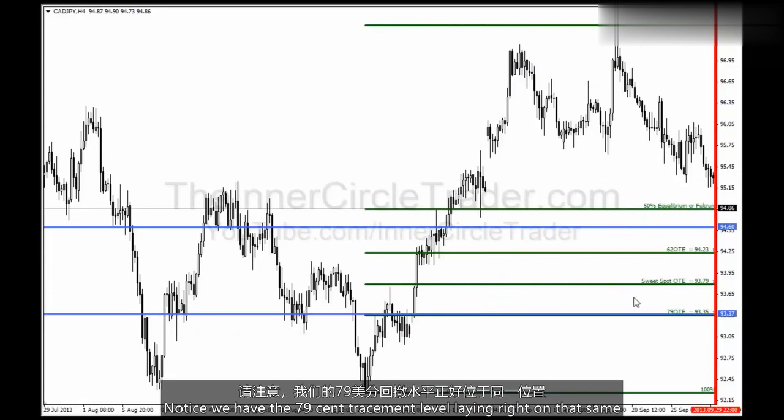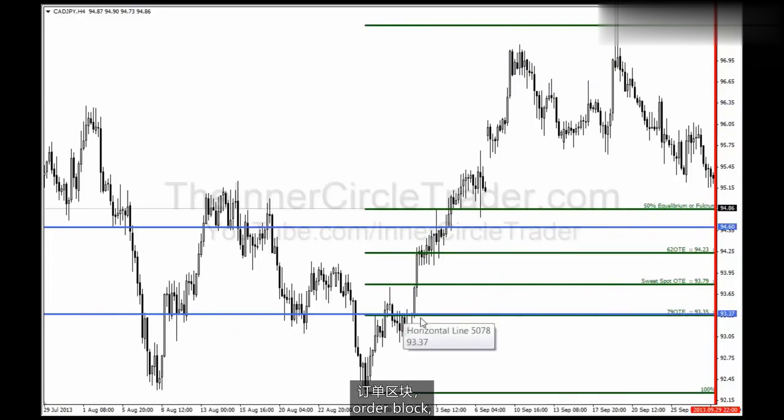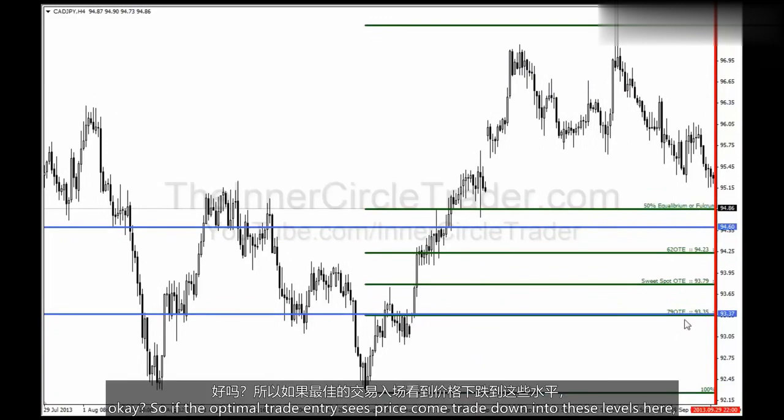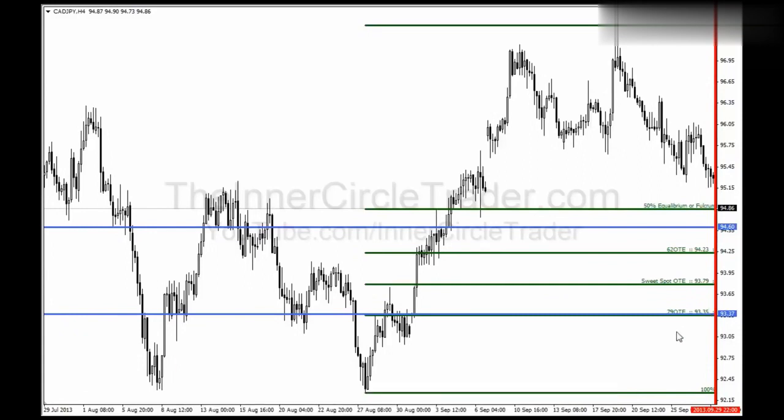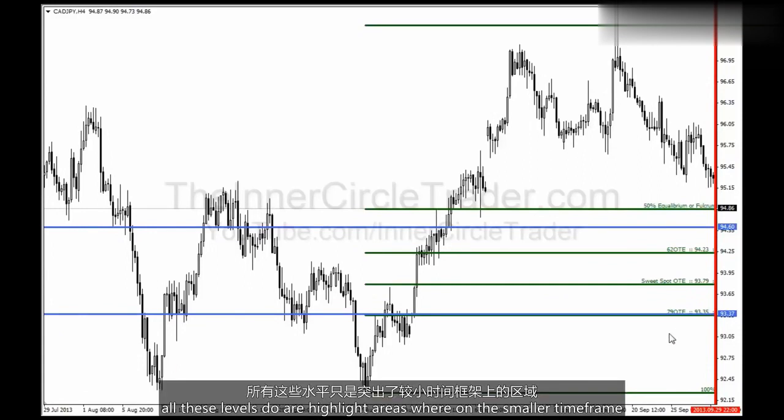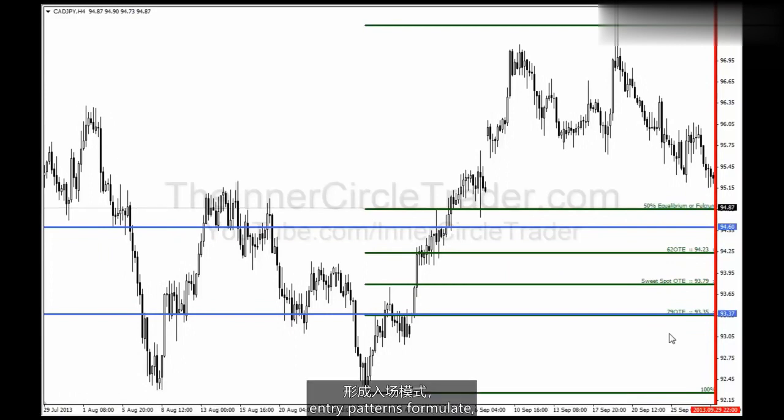Notice we have the 79 retracement level laying right on that same order block. So if the optimal trade entry sees price trade down into these levels here, that could be a favorable area to be anticipating a bounce as well. Now again, all these levels do is highlight areas where on the smaller time frame price entry patterns formulate or come to fruition.